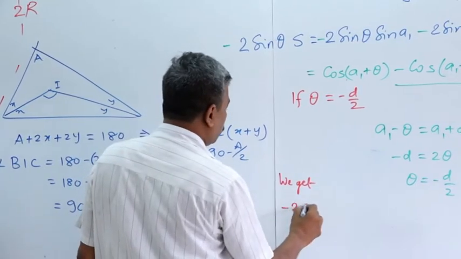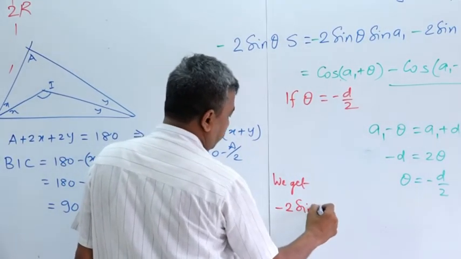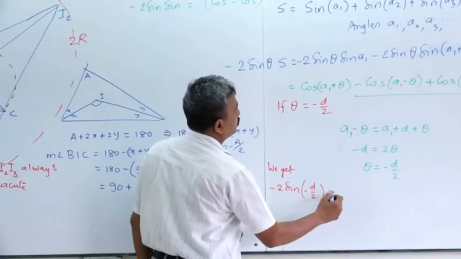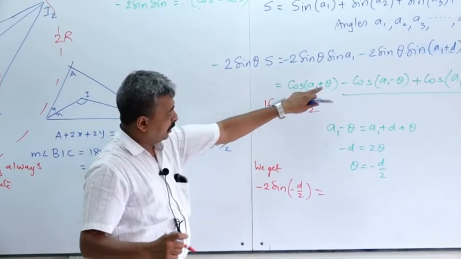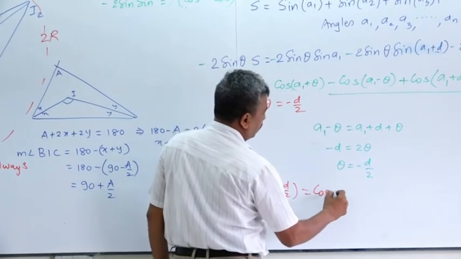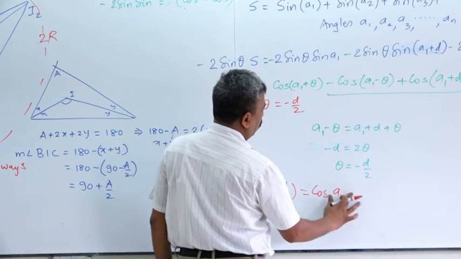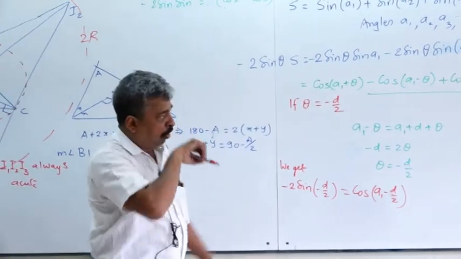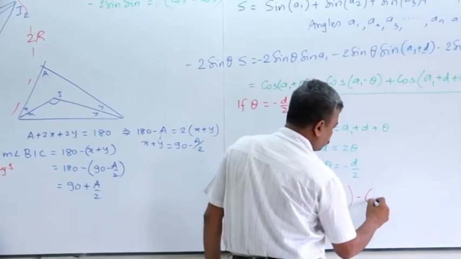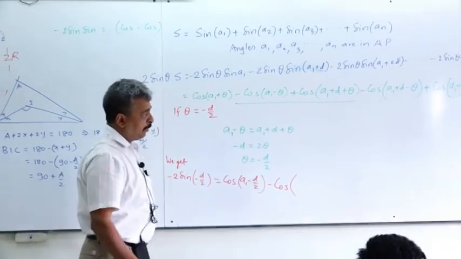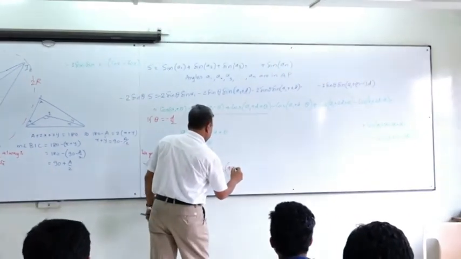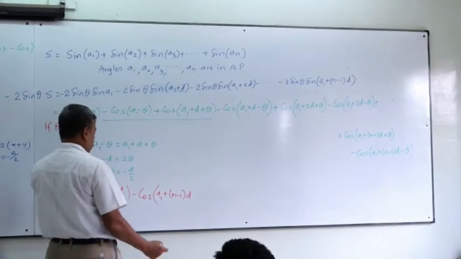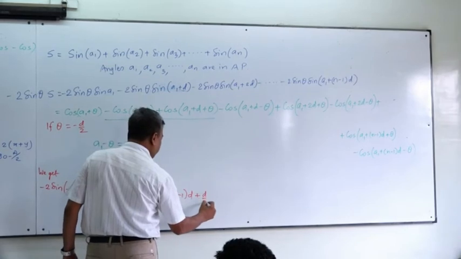So minus 2 sine minus d by 2 is equal to cos a1 plus or minus d by 2, minus d by 2, minus cos, the last term, a1 plus n minus 1 times d plus d by 2.